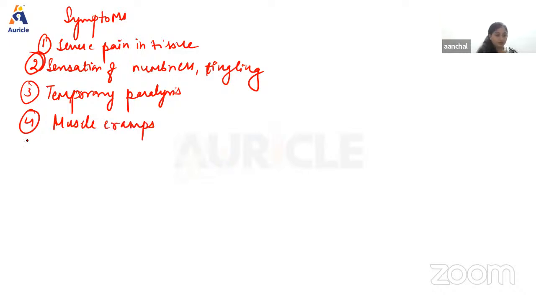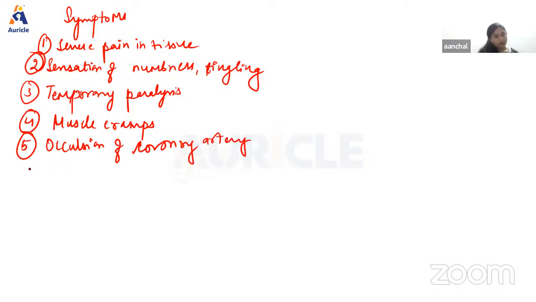Then also muscle cramps are noted. Then there is occlusion of coronary artery. Also, there is damage to tissues of brain.